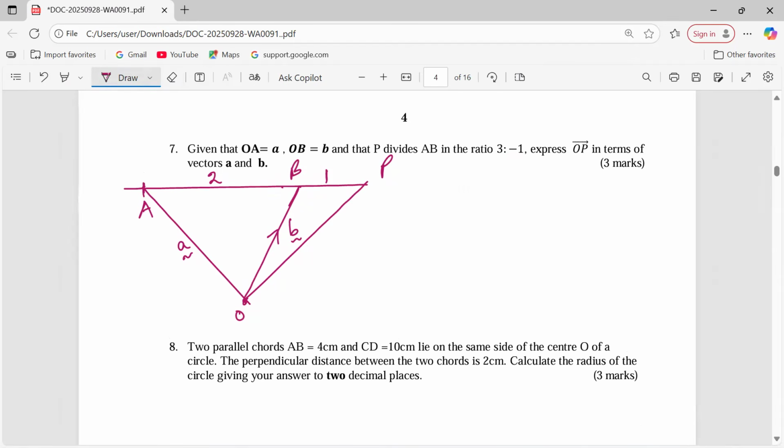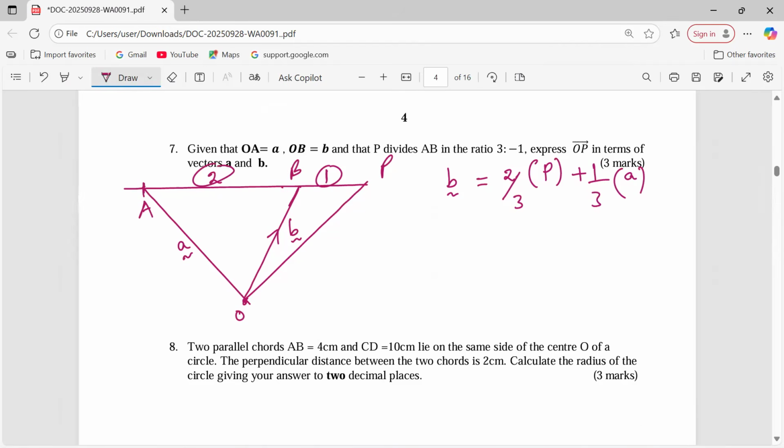So we can say generally the position of B, which is vector B, equals to, when we take the ratio 2, we divide by total proportions, we multiply by vector P, then we add the ratio of 1, we divide by total proportions, and we multiply by vector A. That way.